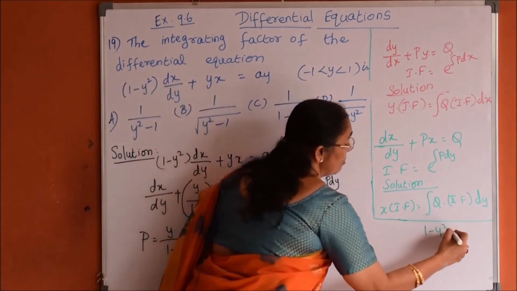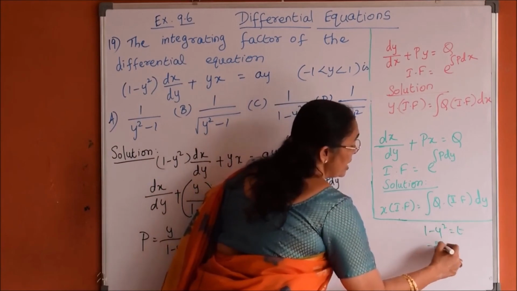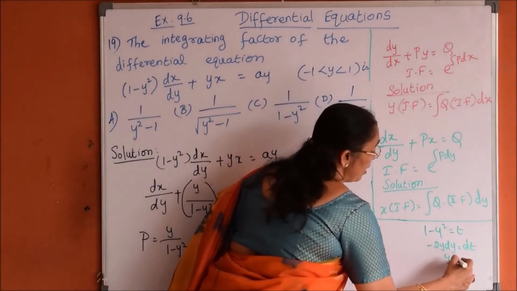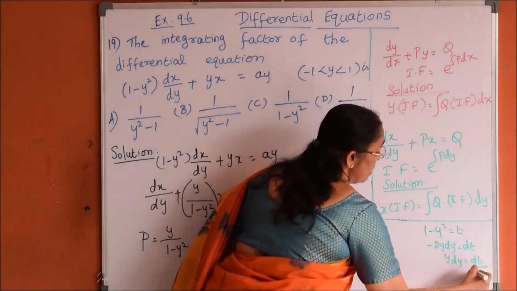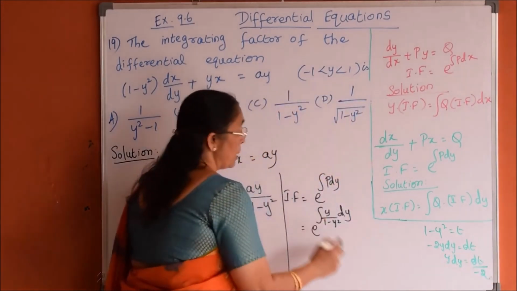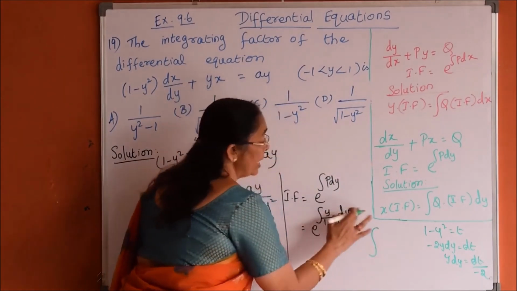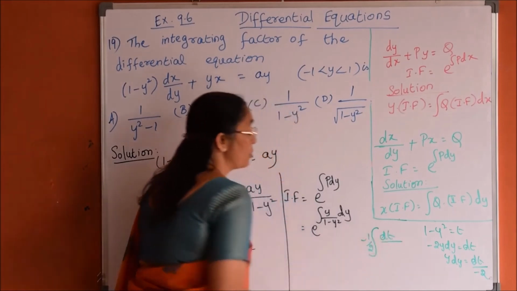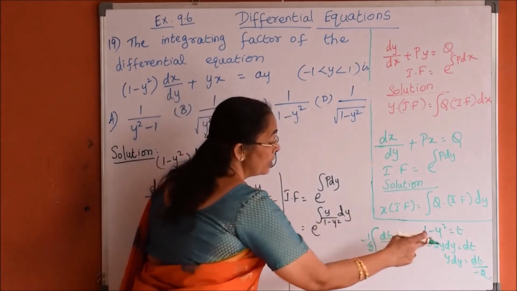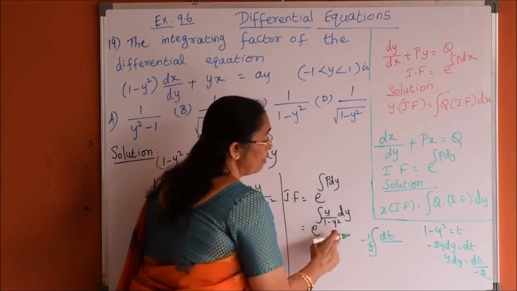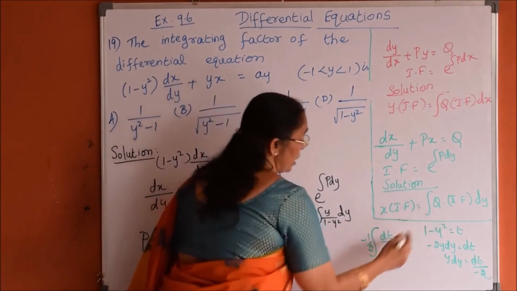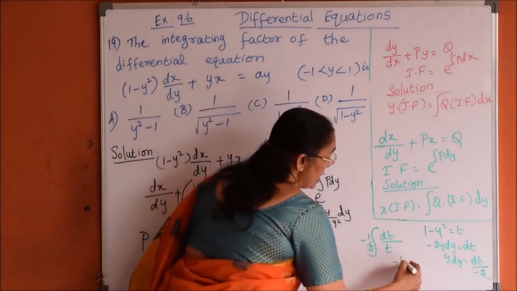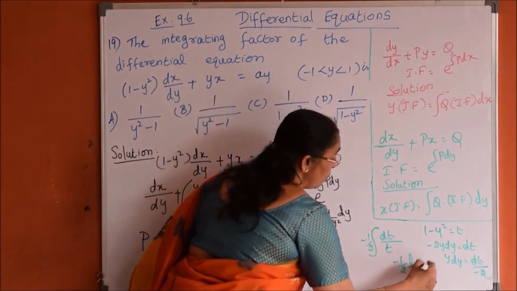When we consider 1 minus y square as t, minus 2y dy will come as dt, or y dy will be dt by minus 2. So, replacing, integration of y dy is dt divided by minus 2, which is minus 1 by 2. I will take it outside, y dy divided by 1 minus y square. 1 minus y square we have taken as t. So, this is minus half log mod t.